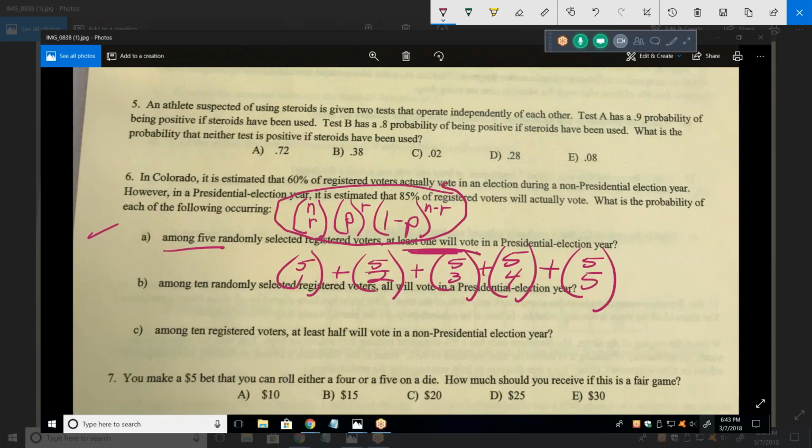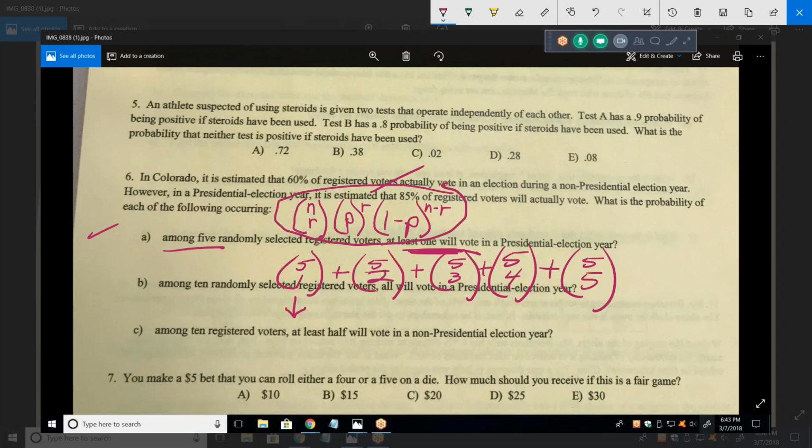Let's think about this for a second. First of all, it's worth knowing. I believe you're going to have to know that for your test. So make sure you memorize it. And p is 85% or 0.85. If I do this one alone, I won't bore you with the math on all 5.